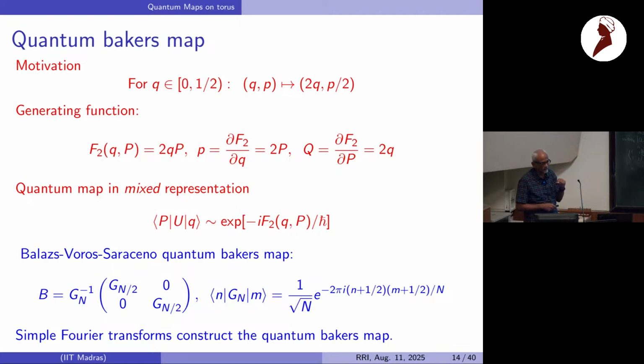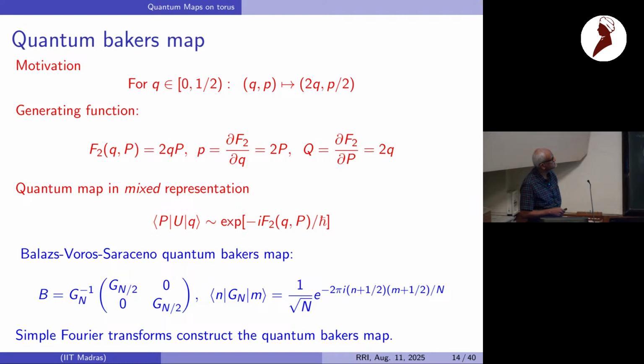The F1 involves old and new positions. This is a mixed type, old position and new momentum. Very simple: 2qP, with P the new momentum. From this generating function, you can get these conjugate pairs by taking derivatives.